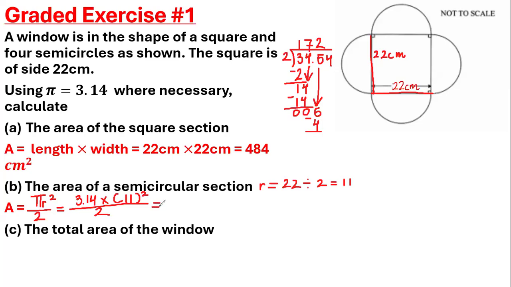What is 11 squared? 11 squared is 11 times 11, which is 121. Very good. All over 2.